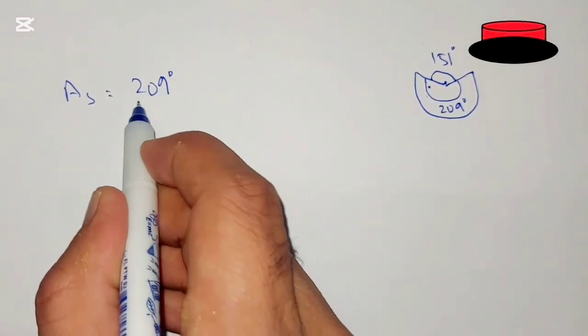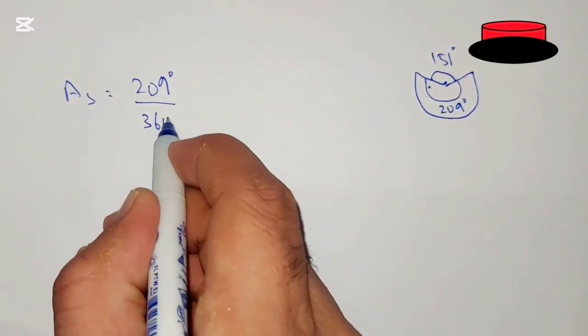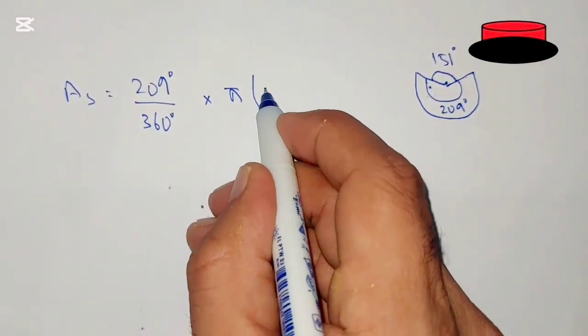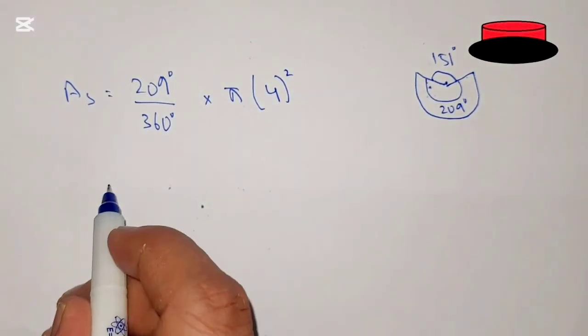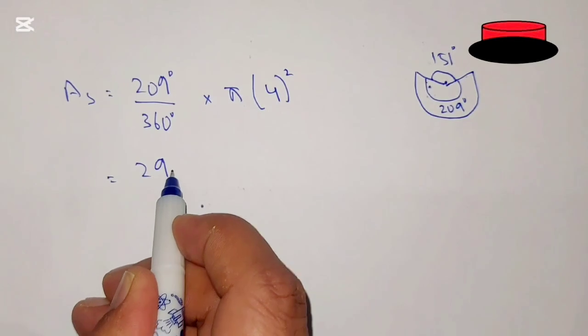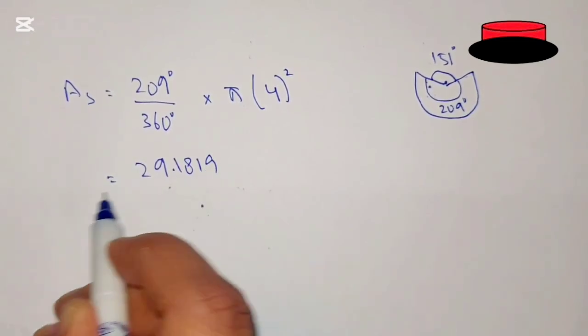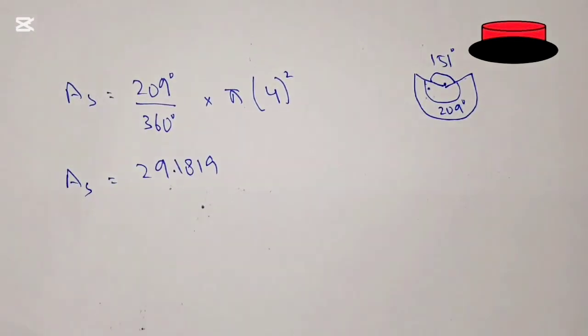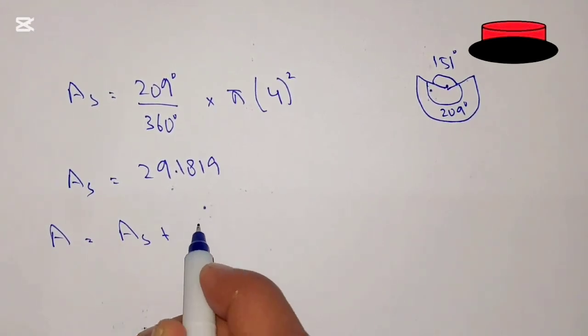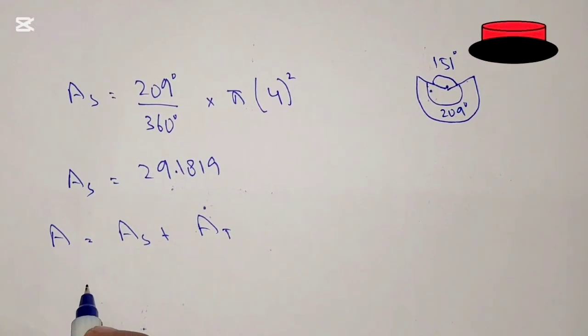So the area of the segment will be 209 degrees divided by 360 into pi r square, the radius, which is 4. So the area of the segment after the calculation will be 29.1819. Now we have the area of the triangle as well as the area of the segment.